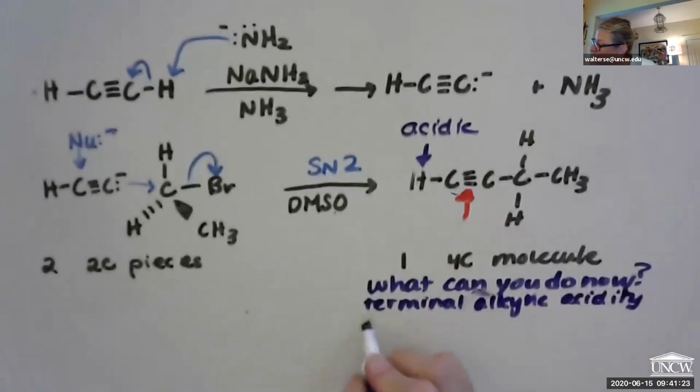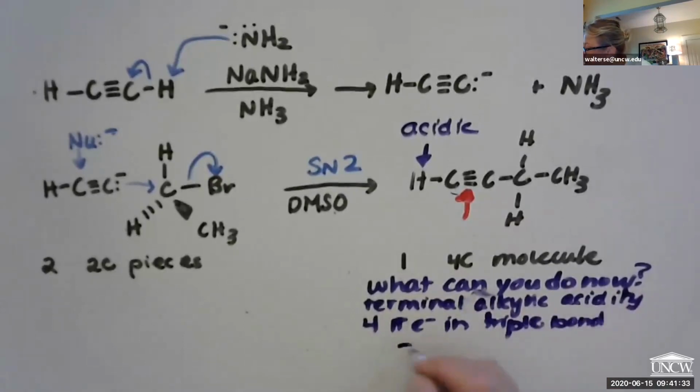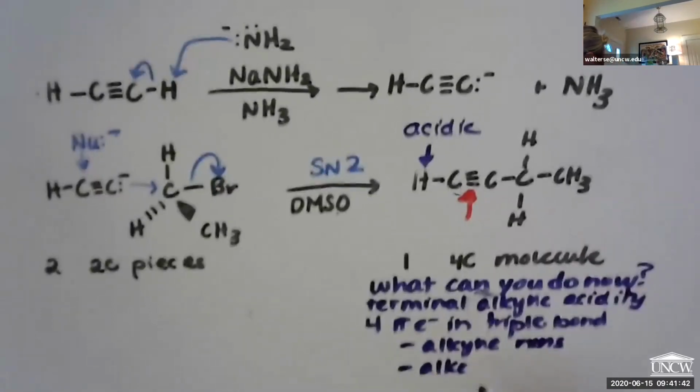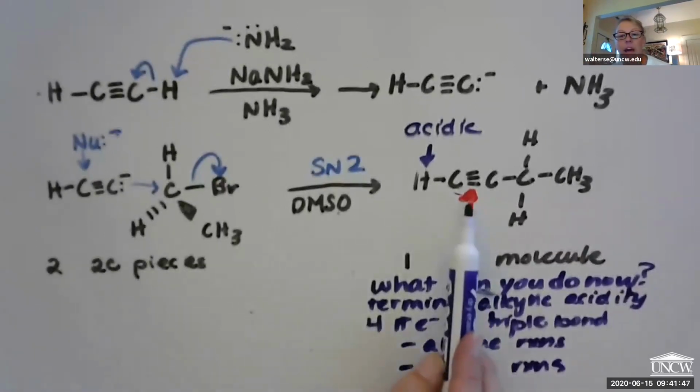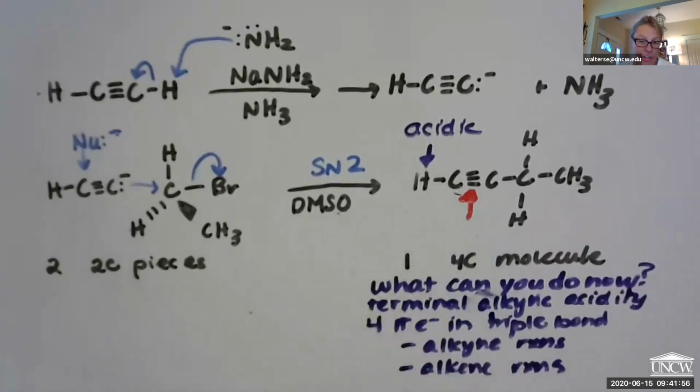But you also have pi electrons in the triple bond. So you have all your alkyne reactions, right? And you have all your alkene reactions. So you could take this compound, and depending on which type of hydrogenation reaction you did, you could either get a cis or trans alkene, and then you can do all your alkene reactions.